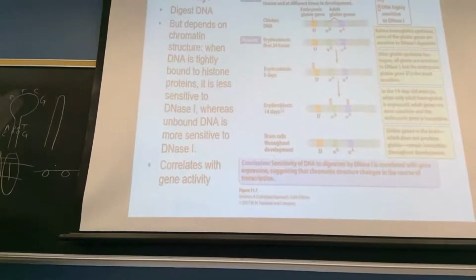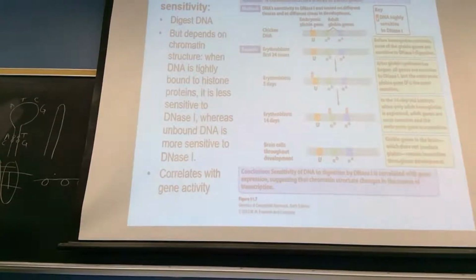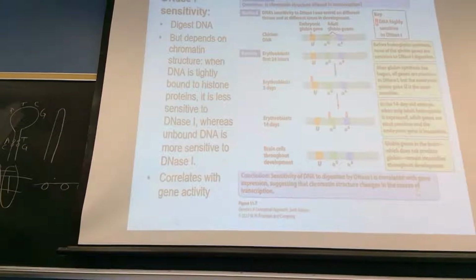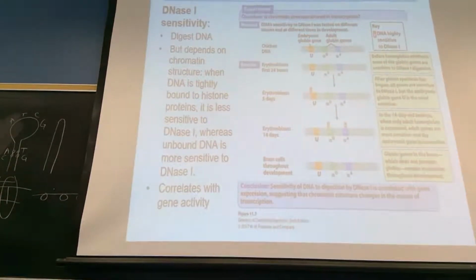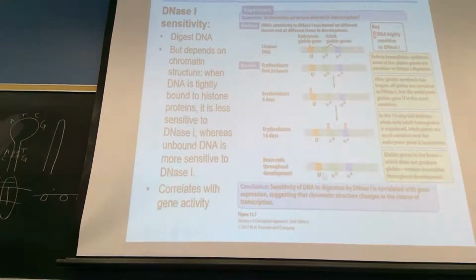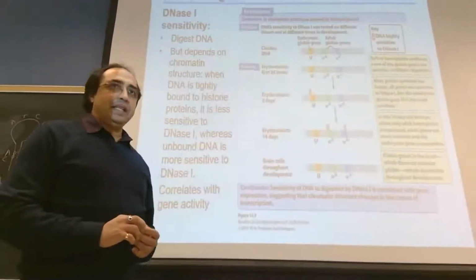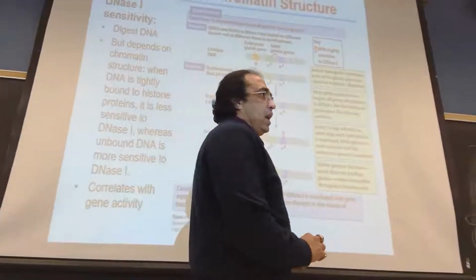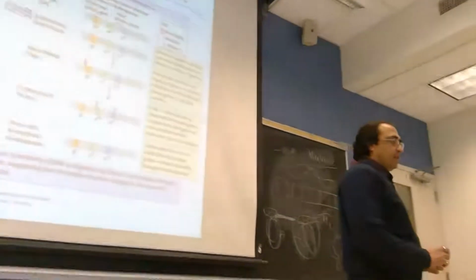At about 14 days of the chicken embryo, we have found that the alpha B gene and alpha A gene are becoming very, very sensitive to DNase 1, not the earlier gene. And in the brain cell, it never happens. The same DNA is there, but there is no DNase 1 sensitivity.